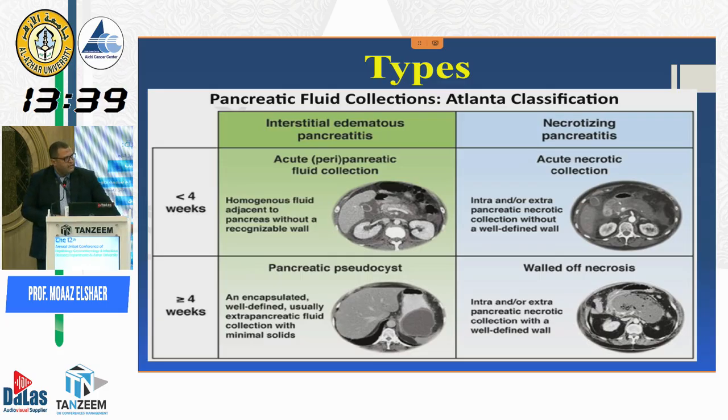If this collection persists for more than 4 weeks, it will be a pancreatic pseudocyst. And acute necrotizing pancreatitis might be complicated by acute necrotic tissue collection. If this collection persists for more than 4 weeks, it will be a walled-off necrotic tissue collection. We have to differentiate both entities.